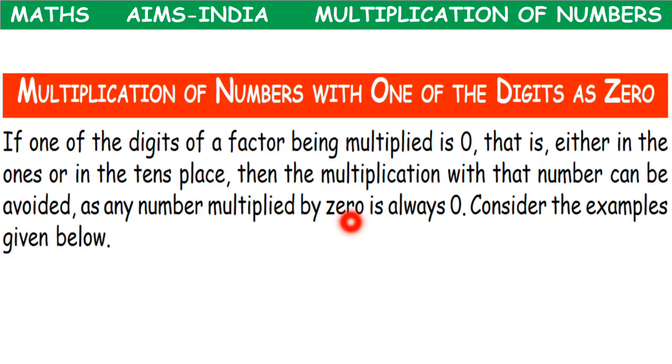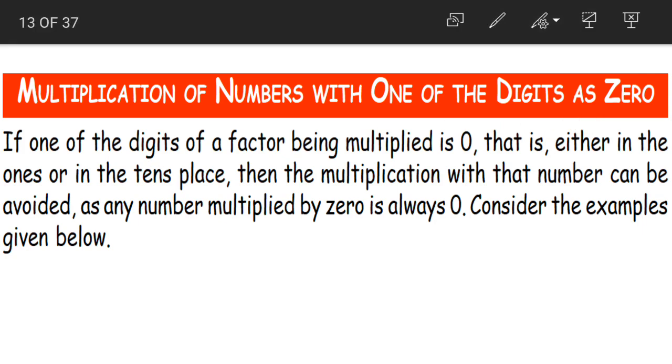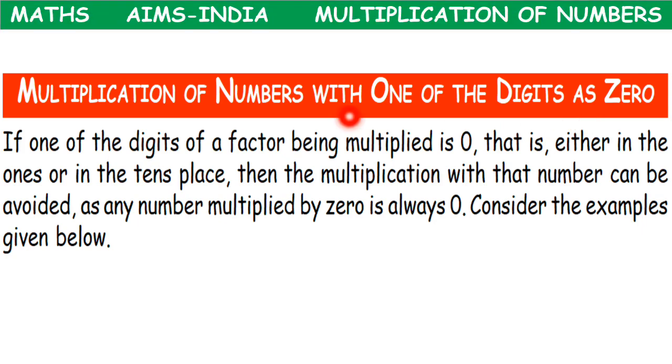Moving on, multiplication of numbers with one of the digits as 0. What is this? One of the digits of the number is a 0. If one of the digits of a factor being multiplied is 0, that is either in the ones or in the tens place, then the multiplication with that number can be avoided, as any number multiplied by 0 is always 0.